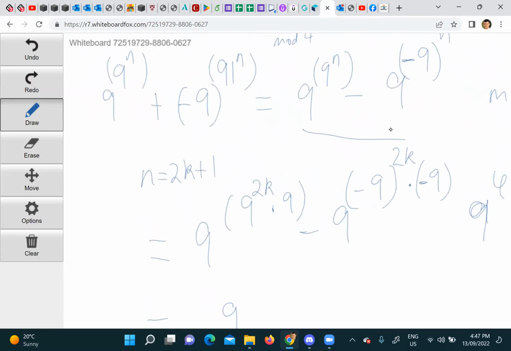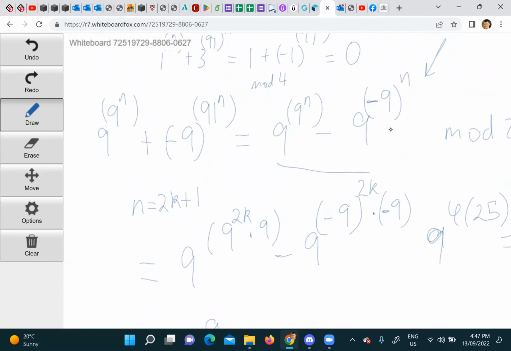You have this number. 9 to an even power ends in 1. A negative number to an even power is positive.